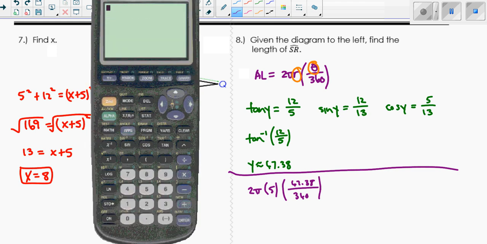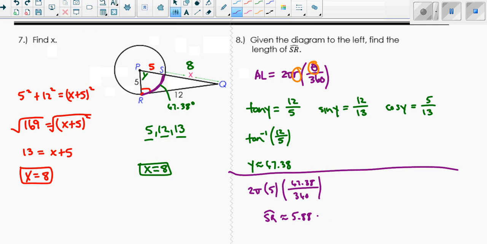Then put this in your calculator, make sure you're getting the same thing. 2 pi times 5 times 67.38 out of 360. And I get that arc SR is about 5.88.